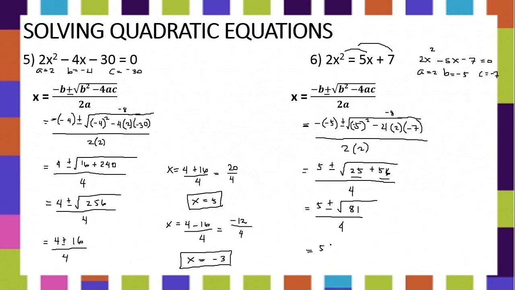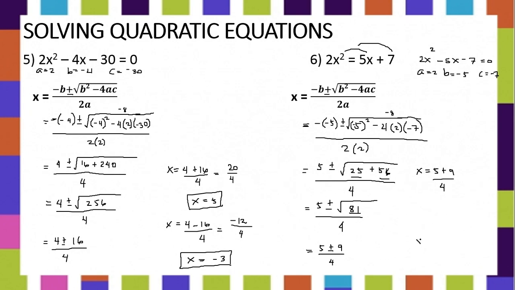So, we'll get 5, positive, negative. Square root of 81 is 9. 9 over 4. And solving the root. Okay, so 5 plus 9 over 4.